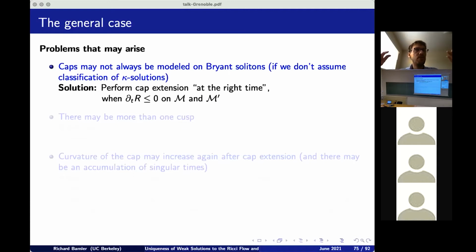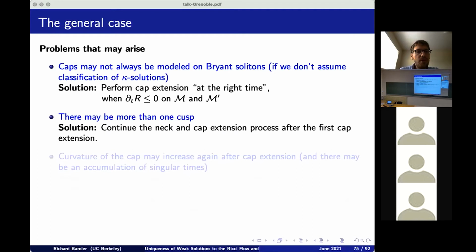It's not hard to prove that there have to be times when the time derivative of r is negative at these tips, and therefore the tips have to look like Bryant solitons. So there are many times, but maybe not all, where it's easy to prove that the tips have to look like Bryant solitons. So we just have to perform the cap extension at the right time.